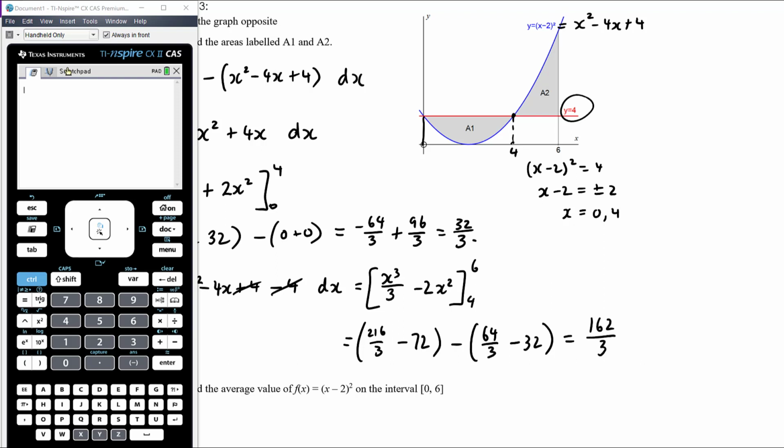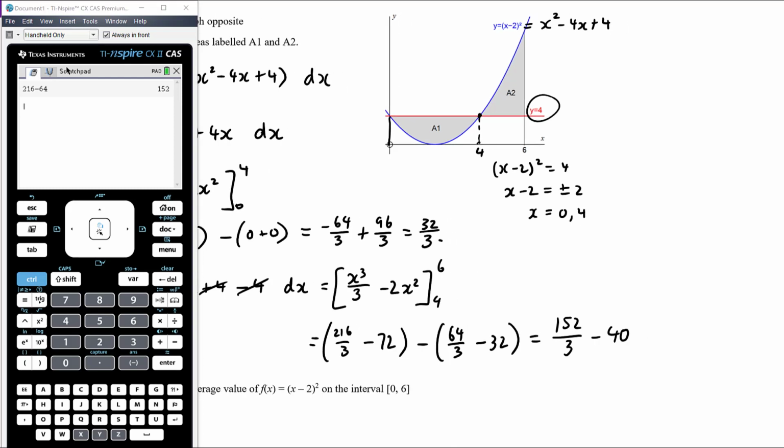Let me check that. 152 on 3, and then we've got negative 72 minus 32, so it's negative 72 plus 32, so that will be negative 40.